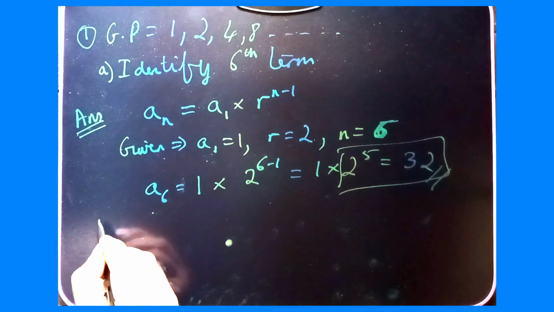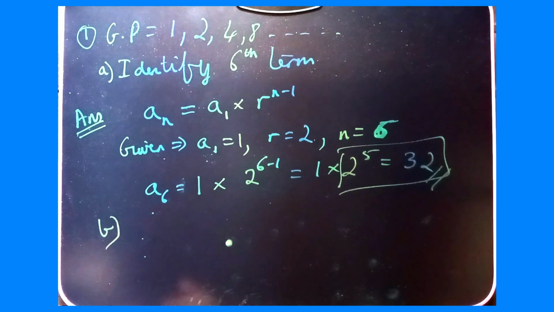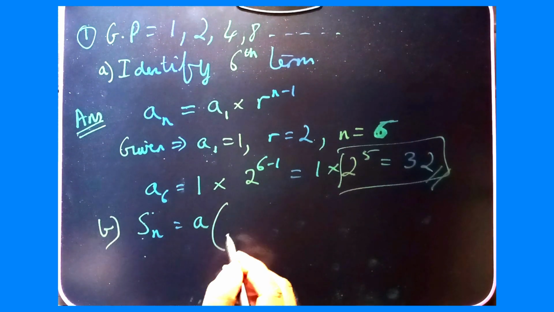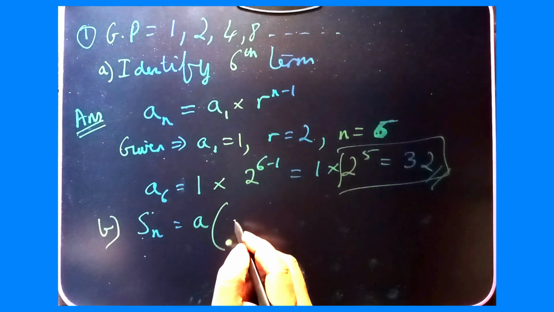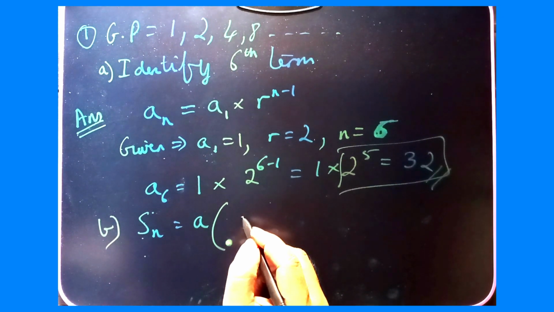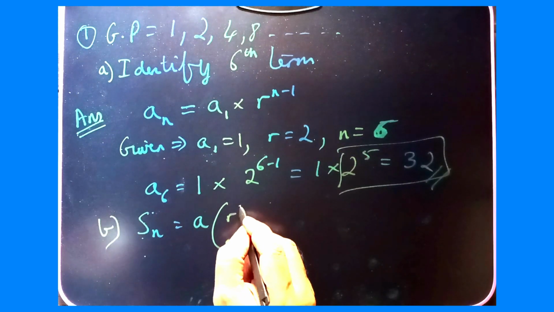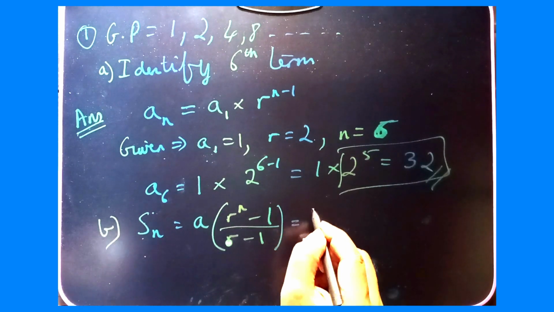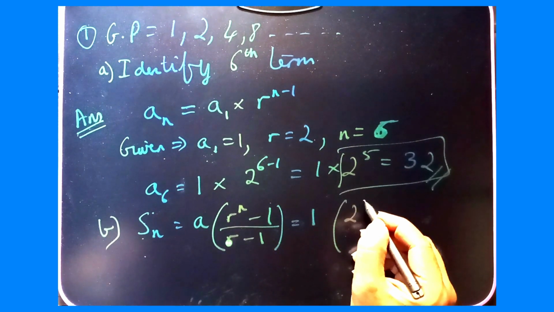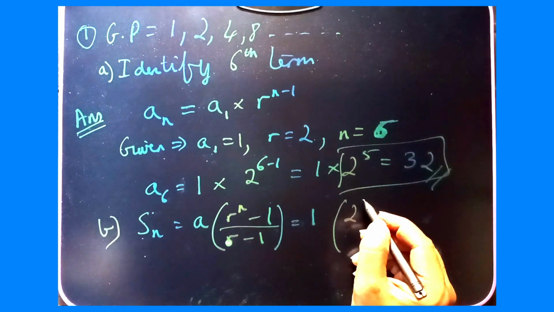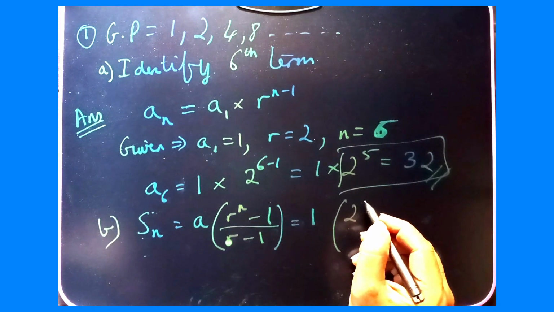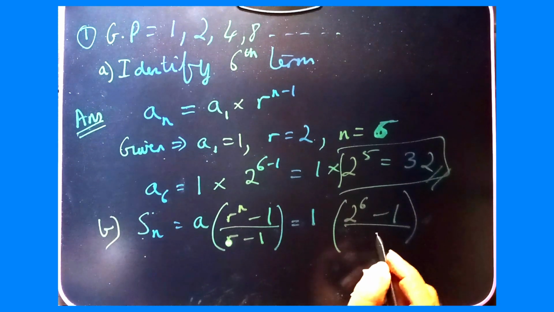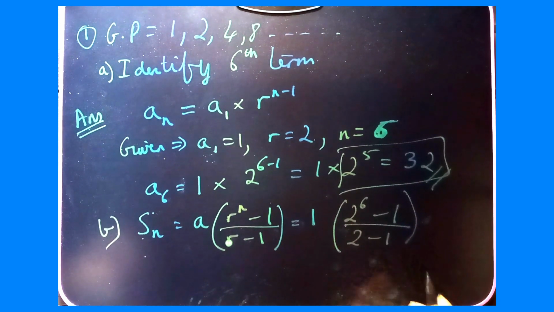Okay, so this is a geometric progression. So now can we calculate the sum? What is the sum? The sum is given by a times r raised to n minus 1 divided by r minus 1. So here the first term is 1, 2 raised to the power of n, and n is 6, right? 6 minus 1 divided by r is 2, 2 minus 1.